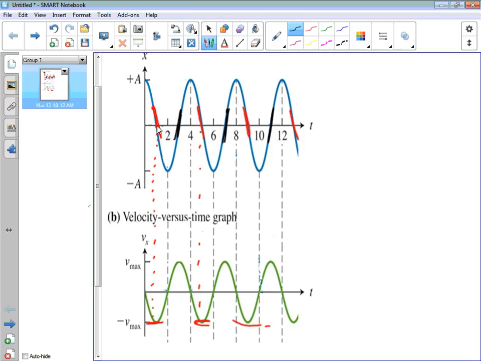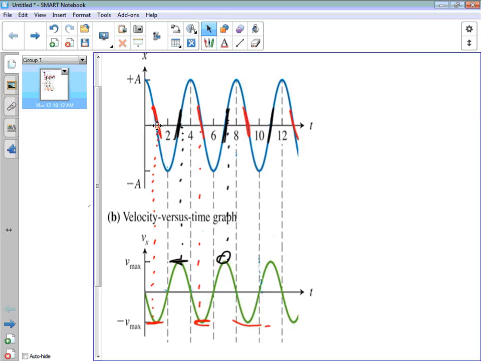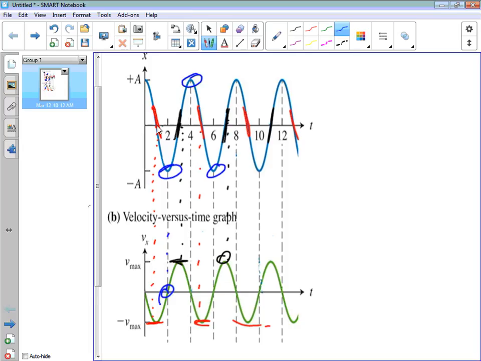And then in black, that's when it's what? Steepest, positive, okay? Oh shoot, I forgot to mark the last one. What was it I was also supposed to mark? When the slope was 0. So that's going to be like right here, and here, and here. Oh, look, they already made the dotted lines. That's interesting. That's when the velocities are 0.